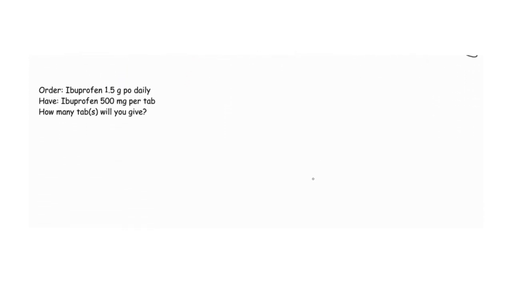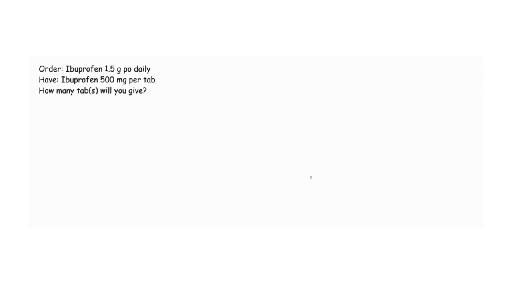Great. You guys, I know you guys are doing great. I know you guys are understanding this and doing awesome. Let's look at our next problem. Ibuprofen, 1.5 gram. What do we have available? Ibuprofen, 500 milligram.